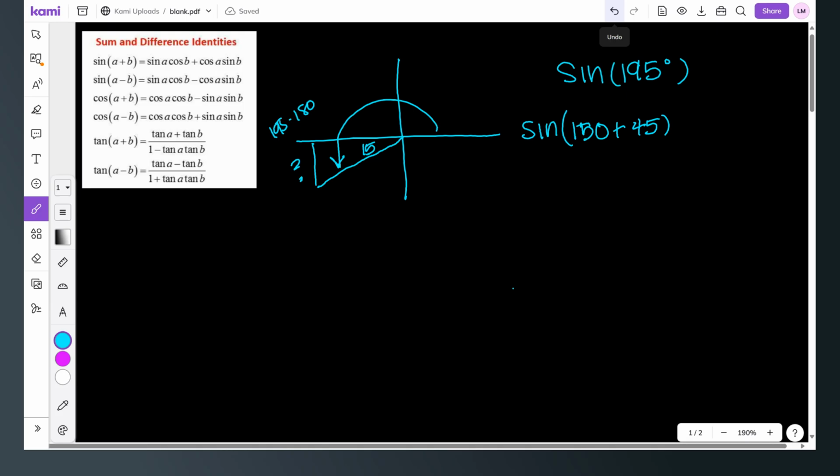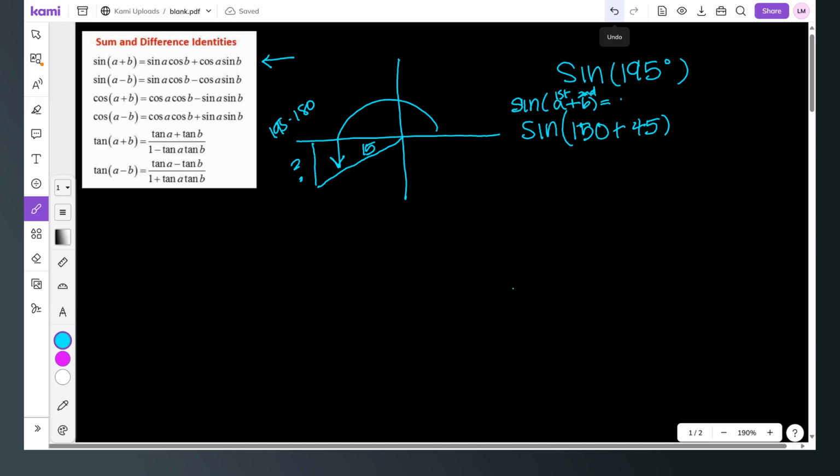Now I'm going to come over to my formulas, and I have a formula for adding two angles. The formula says sine of A plus B equals, so A is the first angle, B is the second angle.